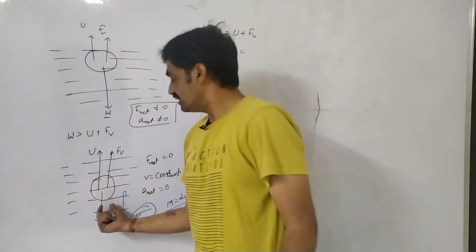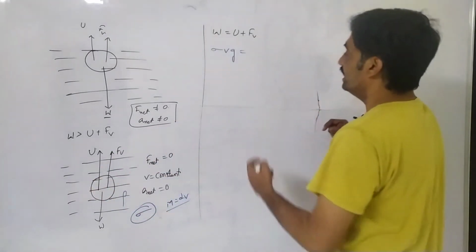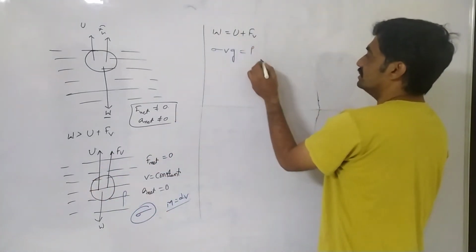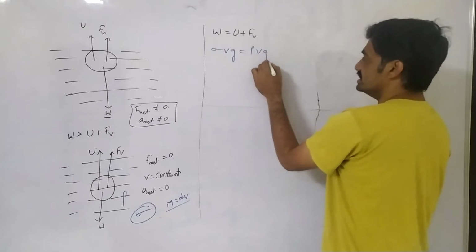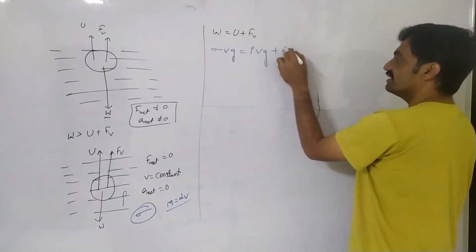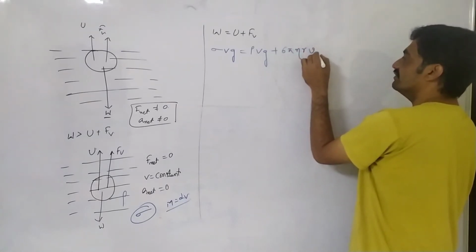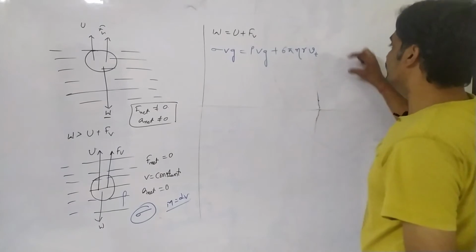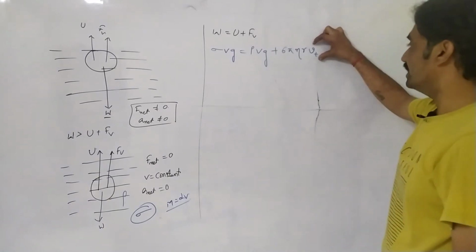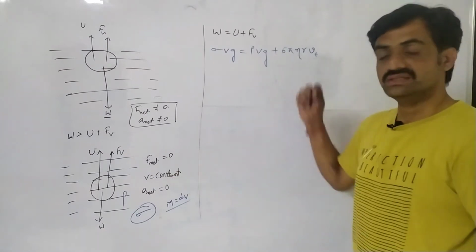Upthrust is nothing but the force acting on the body due to fluid, and it is represented as rho vg, plus viscous force, and already we had derived it as 6 pi eta r v suffix t, where v suffix t is nothing but the velocity of the body. Already we had represented this.